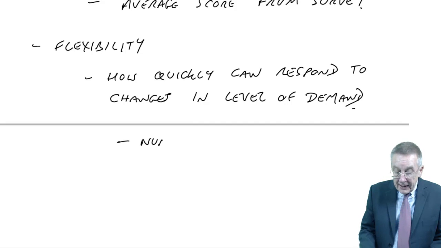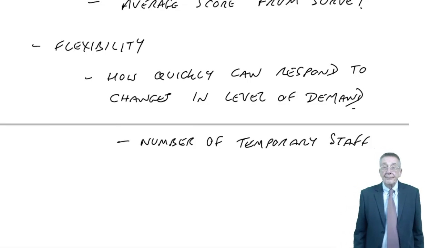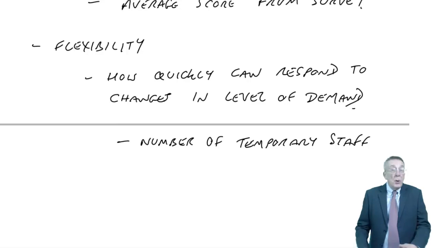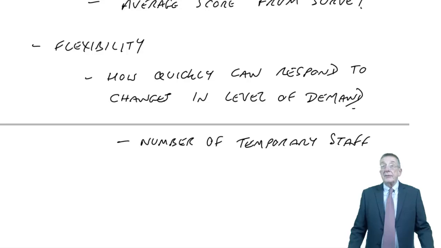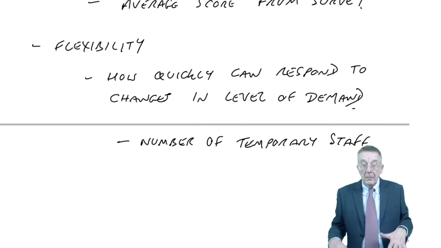Well, the number of temporary staff. Again, it's not a rule, but it's something you might consider. The more temporary staff, or perhaps as a percent of the total, the more you're able to change the staffing levels.